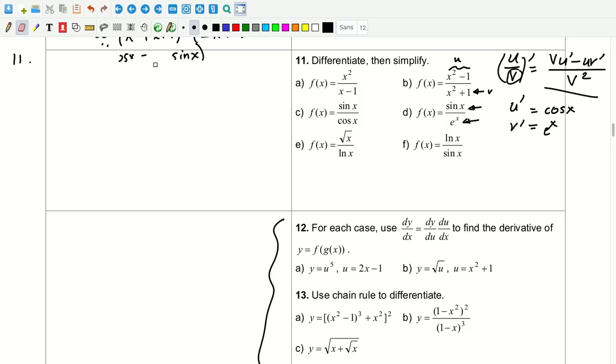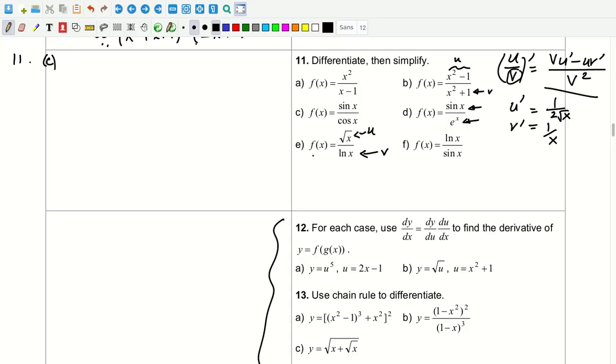Next we've got root x over ln of x. No tricks, we just got to go right into it. In this case, u prime is going to be 1 over 2 root x. Remember that derivative, it really helps a lot. This guy is 1 over x, the derivative of ln x. So remember, this is u and this is v.